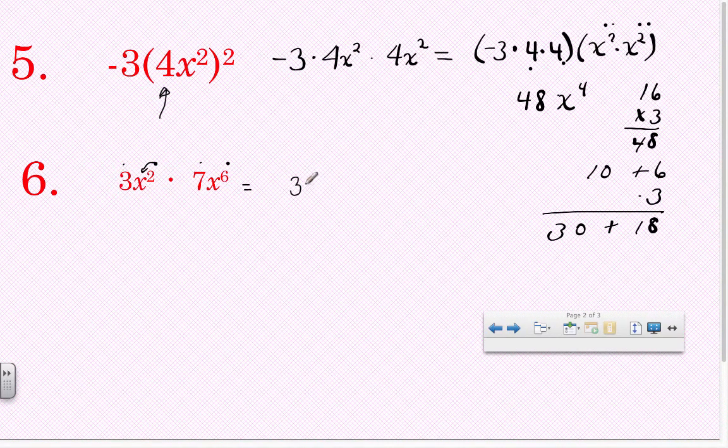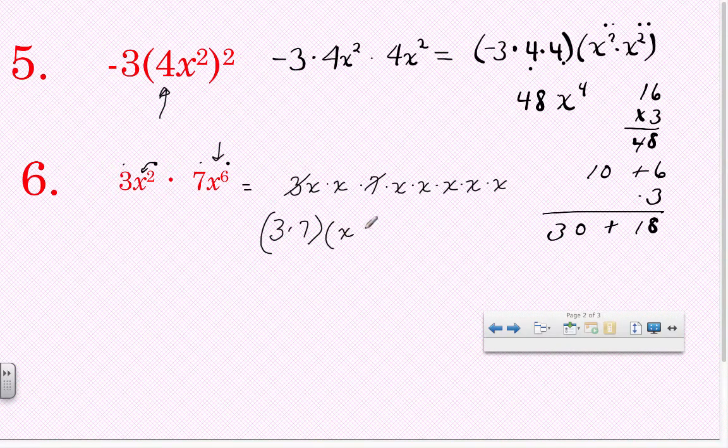So it's 3x times x, if we want to write it out. And then here, it is just 7. And again, only the x is getting raised to the 6th power. If I reassociate, or I do the associative property, I'll group my 3 and 7 together, and then I'll group all my x's together. 1, 2, 3, 4, 5, 6, 7.